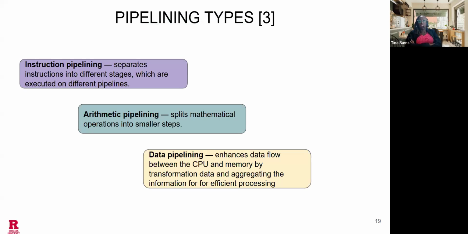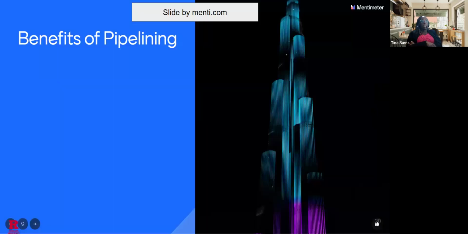So data pipelining is similar in that if you have registers or memory addresses that are blank, you may want to fill them with a little bit more data so that you can easily access it, and you don't have to wait for another data process to be complete while you're performing that operation. So that's what we're looking at when we're talking about data pipelining.